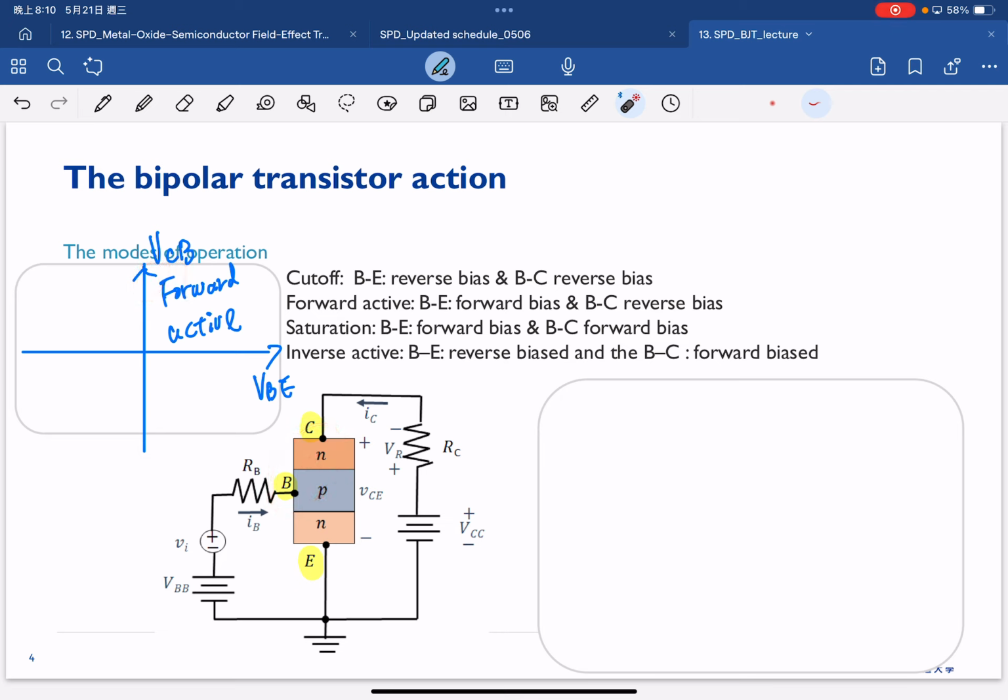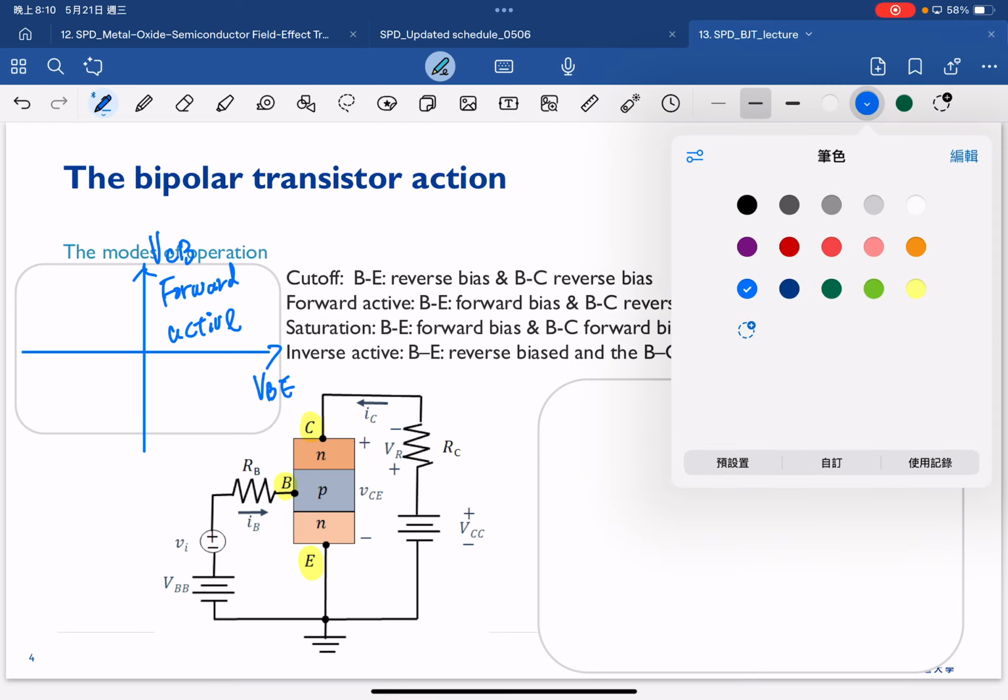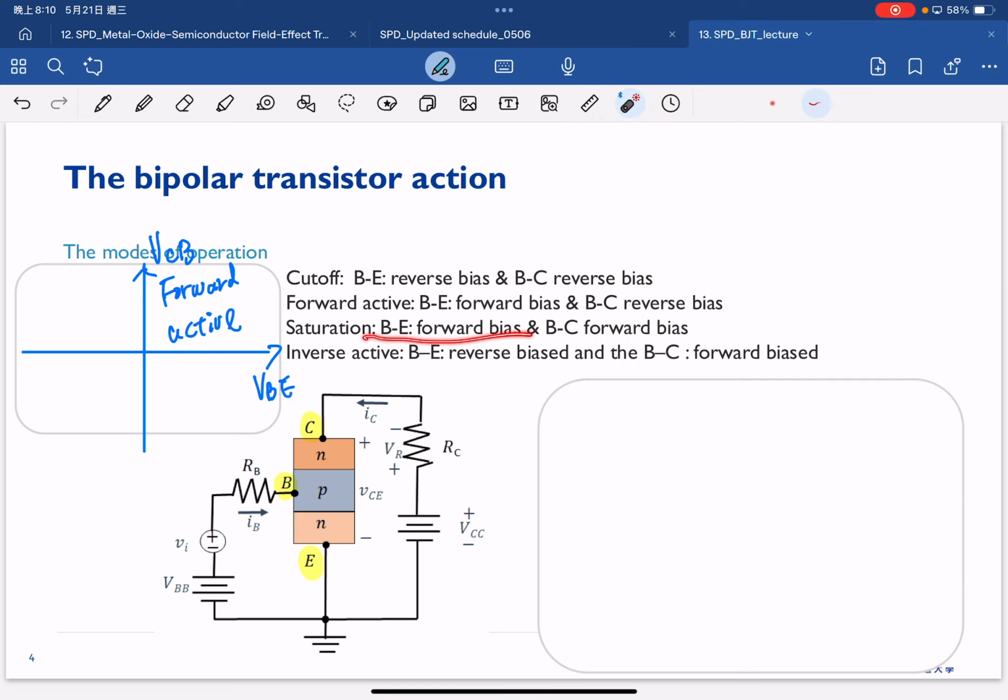By considering this, we have four different scenarios. For example, we can also have the case where BE is forward biased and BC is forward biased, which will be this region. That's what we call saturation.